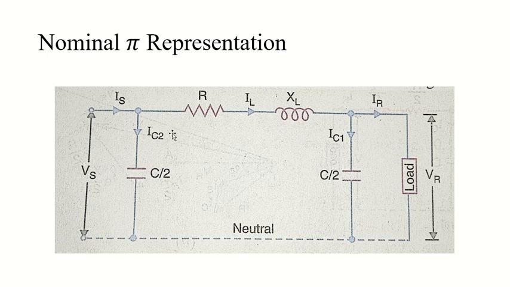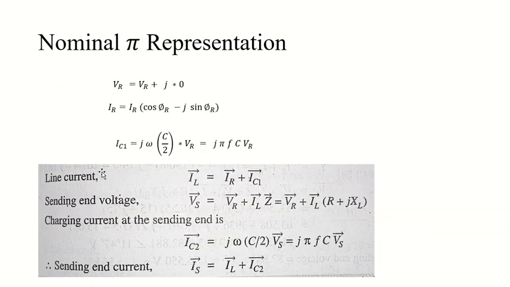This is IC2, which is associated with the sending end. So in the formula of IC2 we will get j omega C by 2 into VS. And again, when you write 2 pi f instead of omega, the 2 of the omega and the 2 which divided the capacitance will cancel each other, and you will be left with j pi f C into VS.